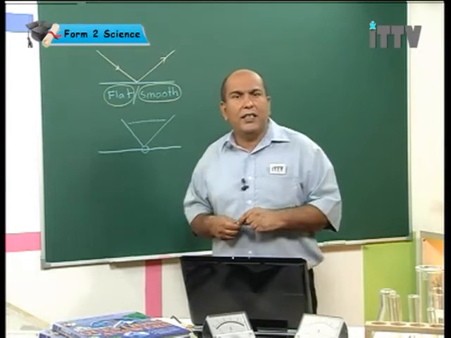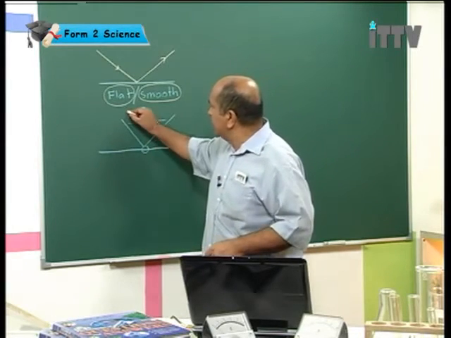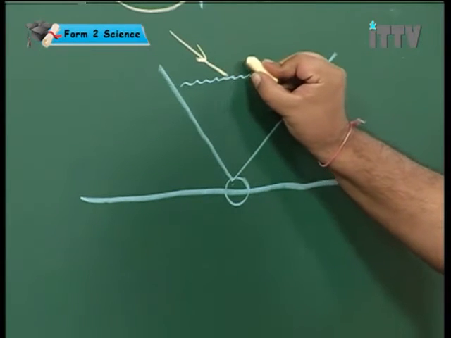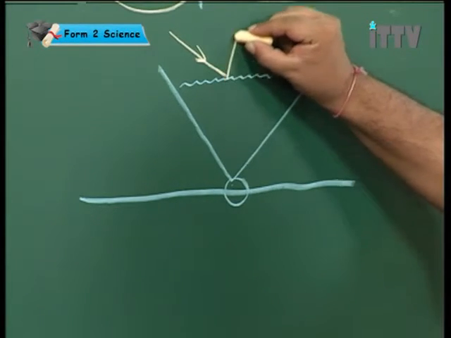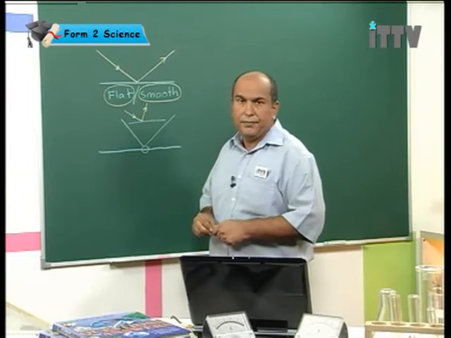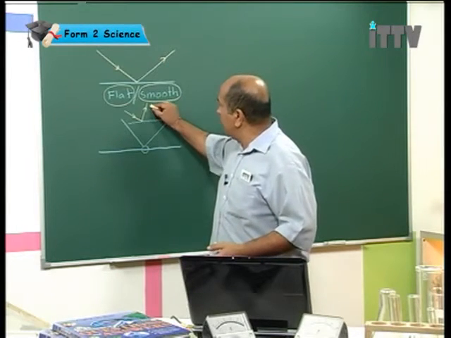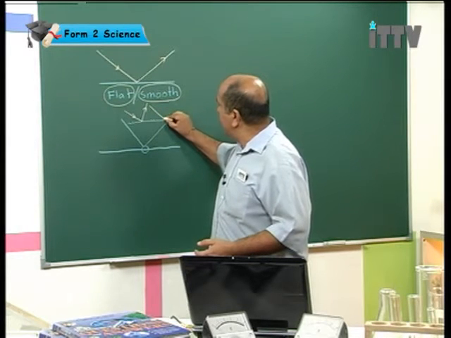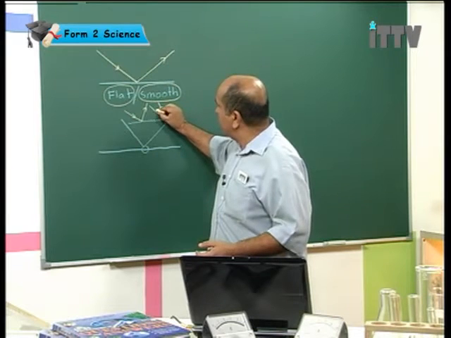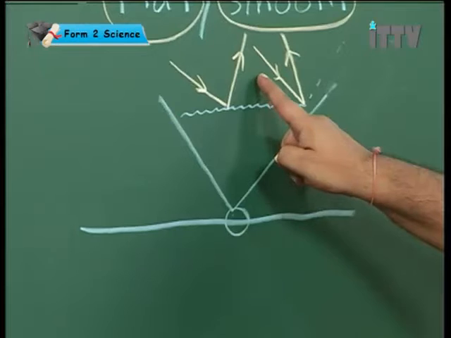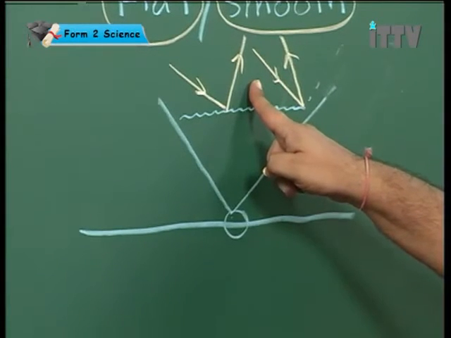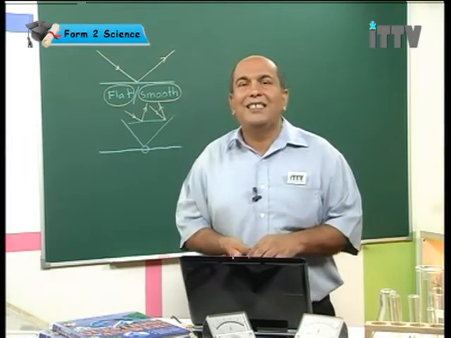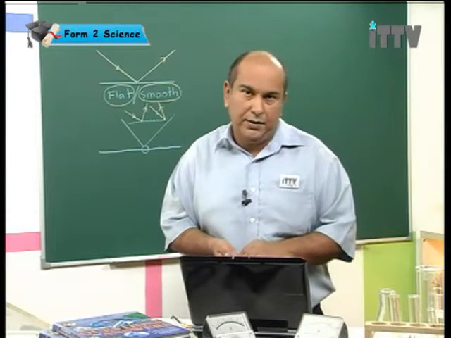So what occurs here is, as the light comes in, this light ray, instead of bouncing regularly this way, ends up flying this way. Or a light ray coming in this way, instead of bouncing this way, bounces back this way. So this is what we mean by diffused reflection. And in the case of diffused reflection, we don't really see the reflected object.